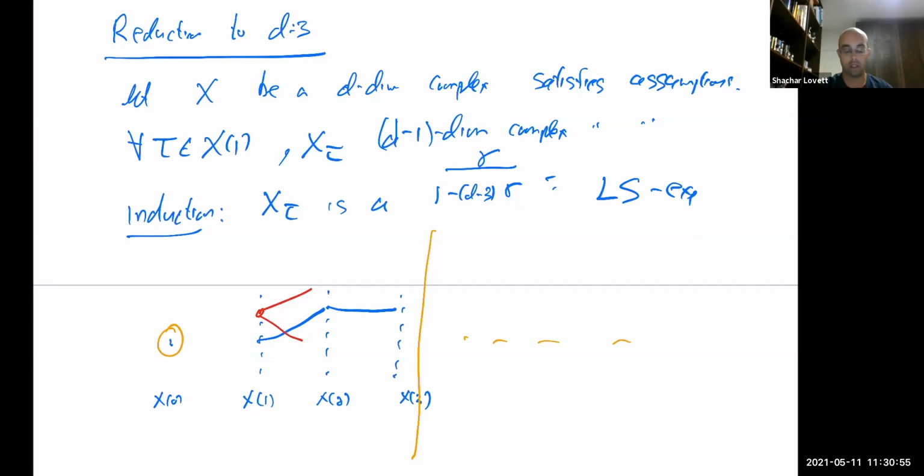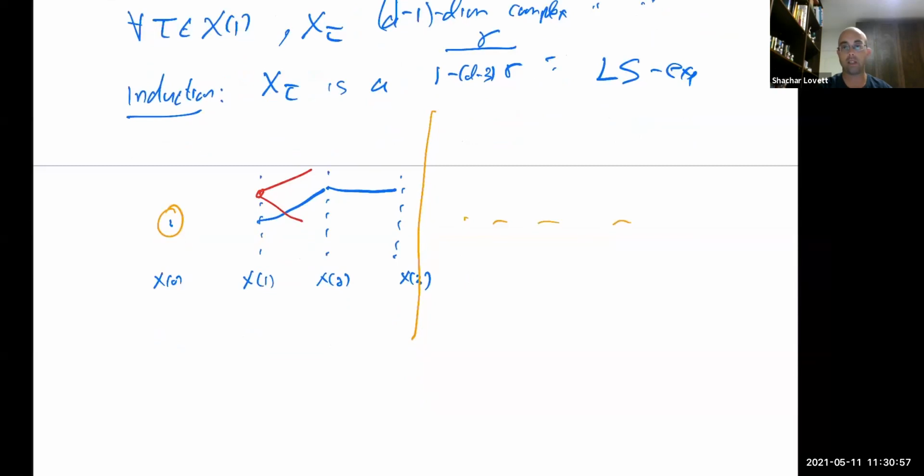What is this? This is a complex that satisfies the assumptions. So I want to argue here that what's called the 3-skeleton of X, which is x0 union x1 union x2 union x3.